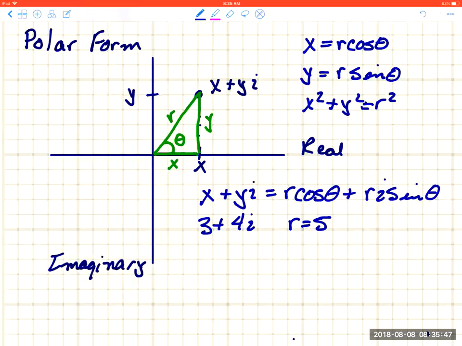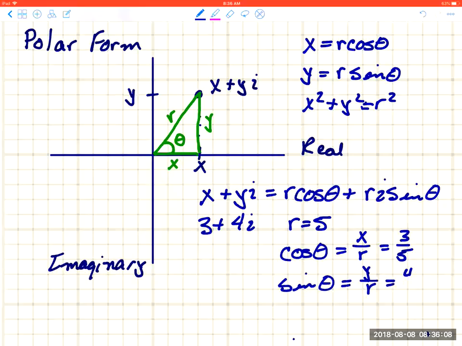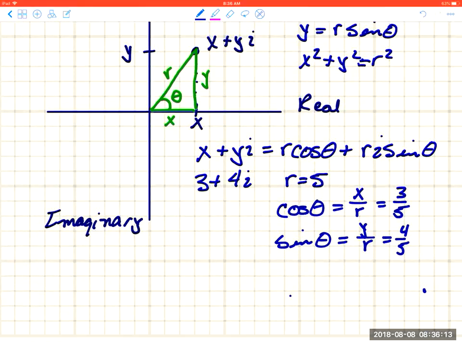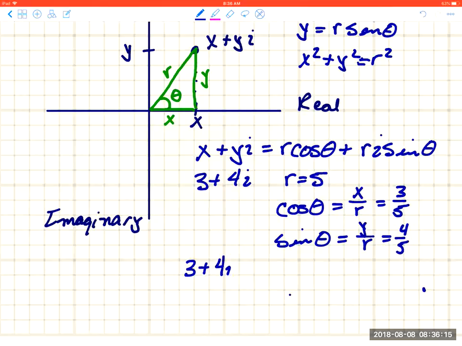Okay, now how do I find theta? Well, I don't really need theta. I need cosine theta. So cosine theta is equal to x over r, which is 3/5. Sine theta is y over r, which is 4/5. So I can rewrite 3 plus 4i as r times cosine theta.